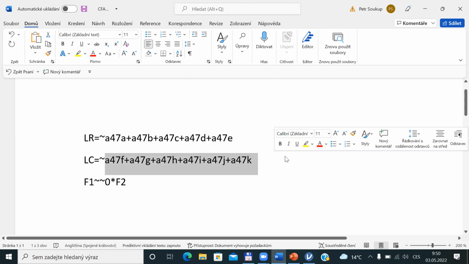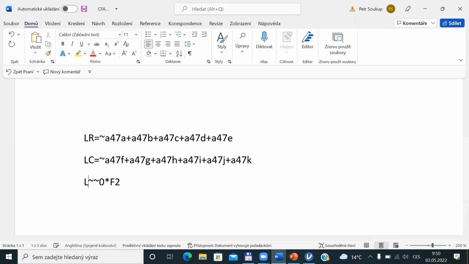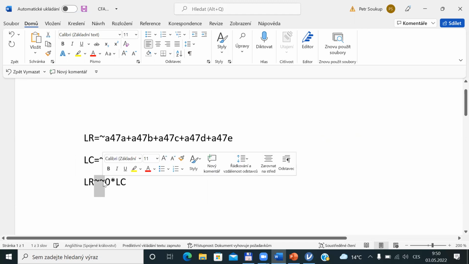If I would like to have unrelated factors, I need to type that LR, as the first factor, is correlated, or by covariance, to LC by 0. Technically, and we know about it from the correlation example at the beginning of the SEM lectures, I need to type LR double tilde 0 times LC.